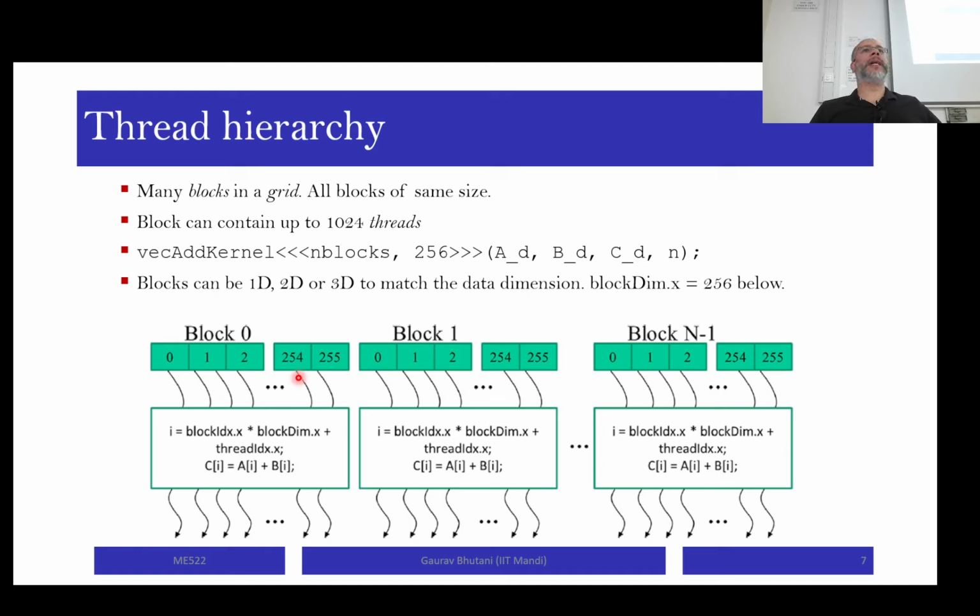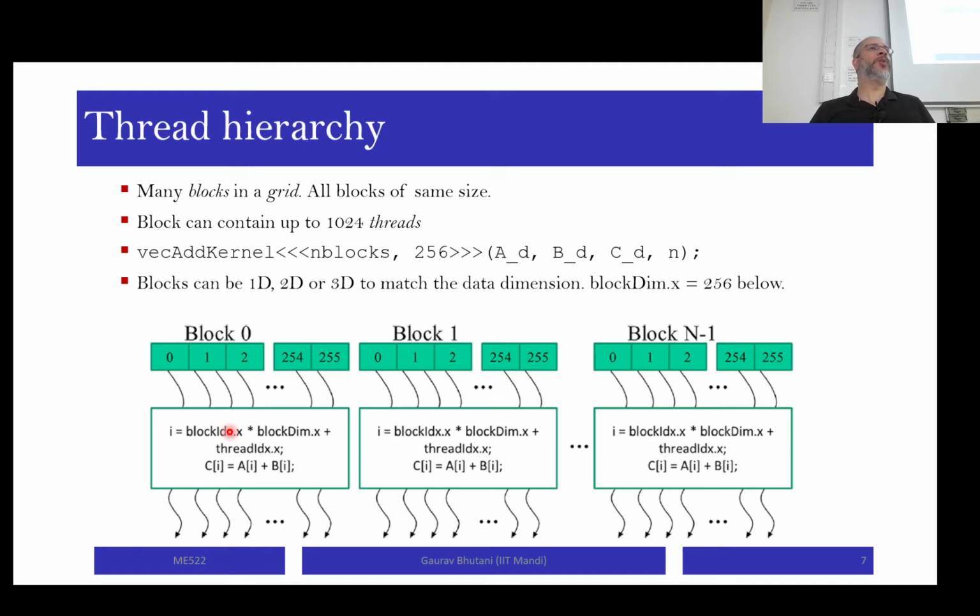Is that clear? And if ultimately you are doing a data parallel job, what happens is that you are running the same code on all the threads, but each thread should be working with a different data point. If they work with the same data point, then there is no point of launching the thread, you are just replicating the work.